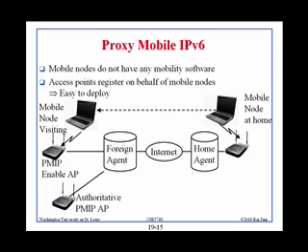So here is an example. There is an access point at home. When the mobile node is connected here, it is connected to this access point and talks to the router. When it moves, it talks to this other access point, and this also happens to be PMIP enabled, which means proxy mobile IP enabled.